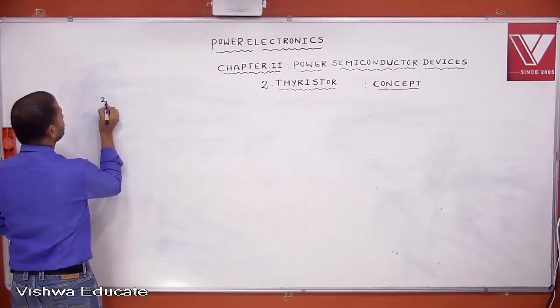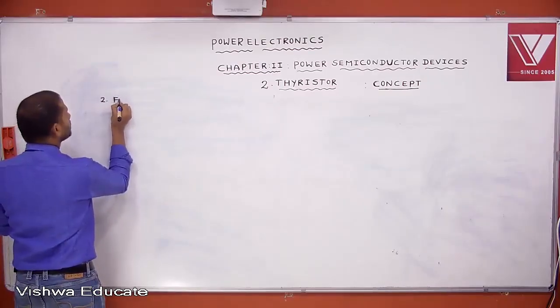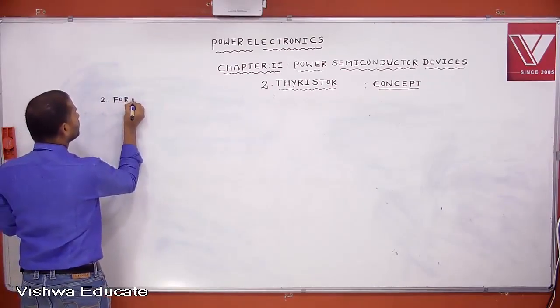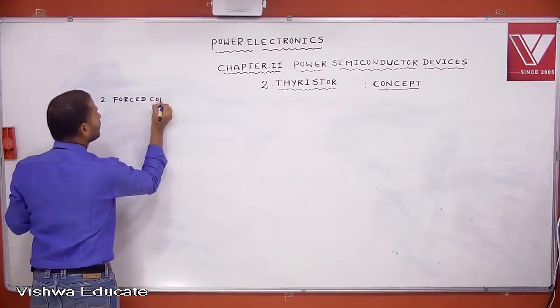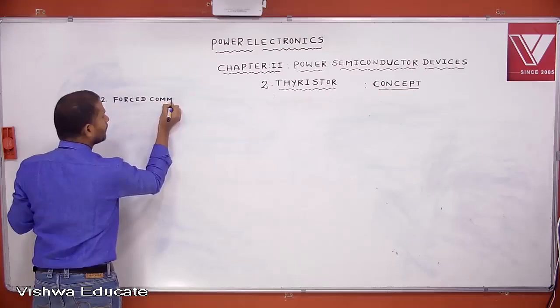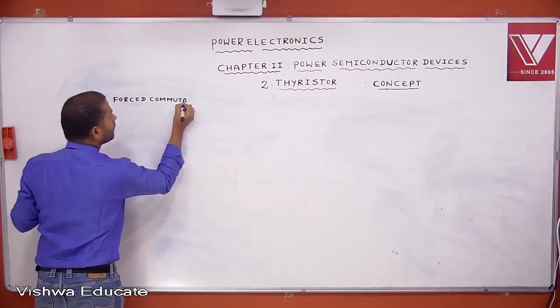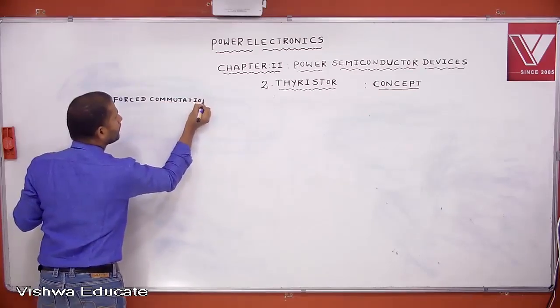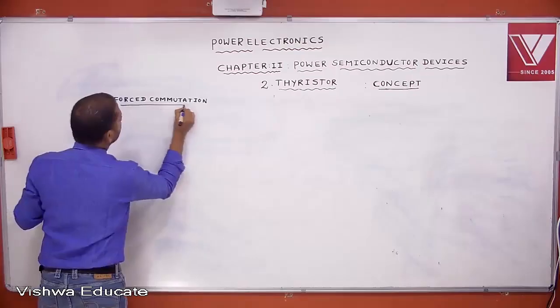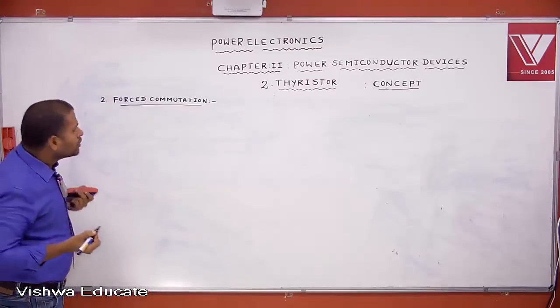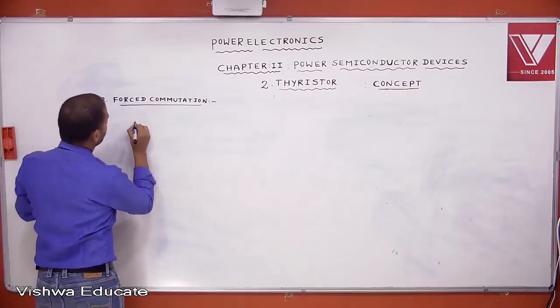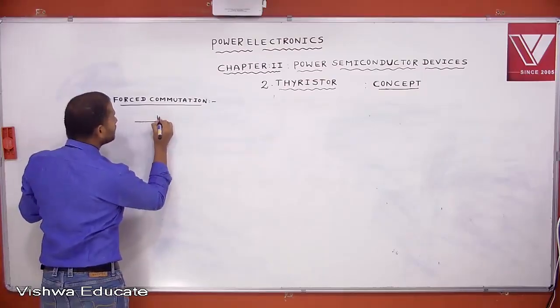Second one is forced commutation. What do you mean by forced commutation? This is the thyristor.